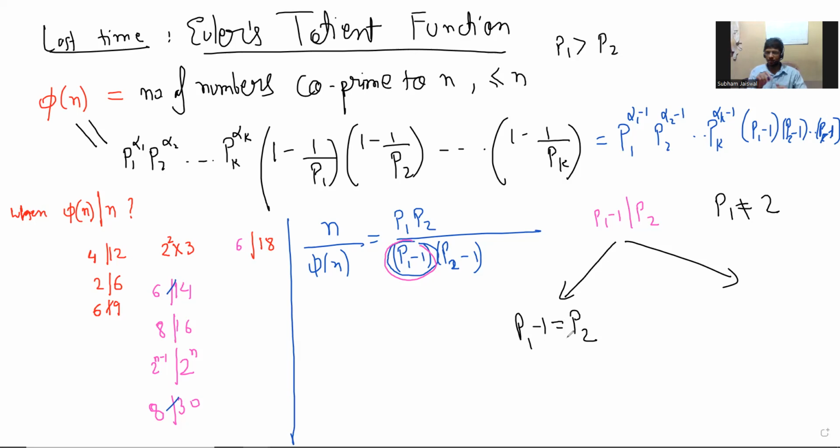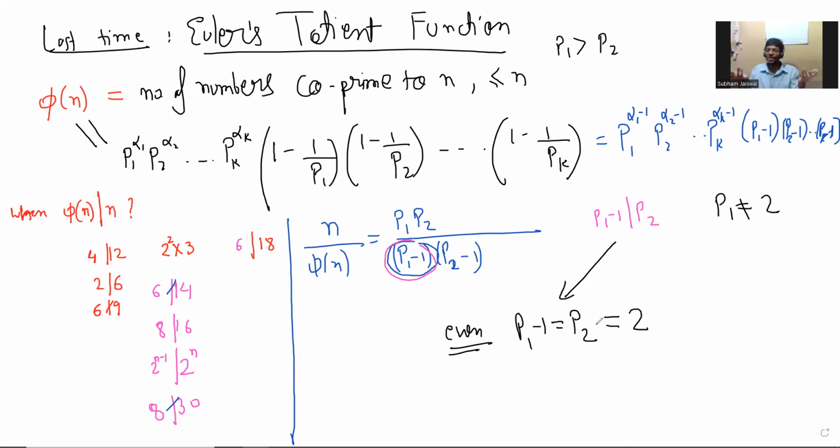Because the other case we have already done, so we should not think about that. So p1 minus 1 is a prime, and it must be equal to p2. But p1 minus 1 is even, and so this has to be 2.